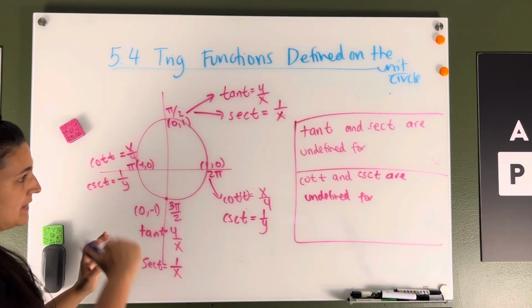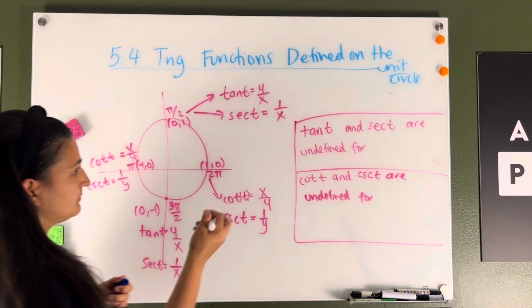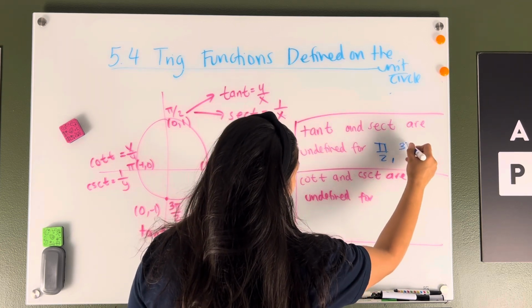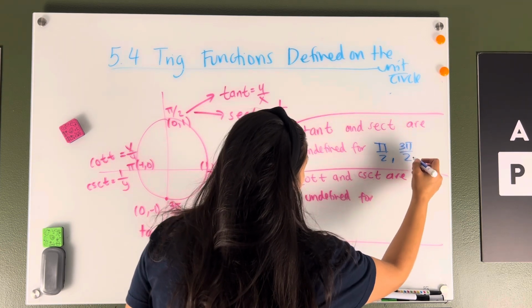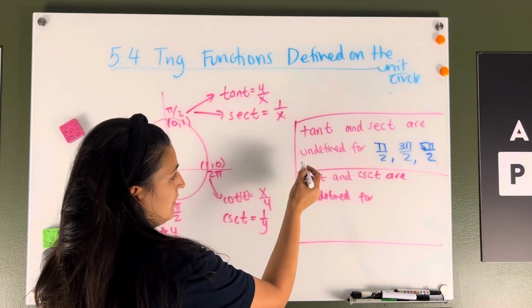And because this can happen for as many revolutions as possible, this will always happen for tangent and secant at pi over 2, 3 pi over 2, 5 pi over 2, etc. So as you can see, it's all the odd numbers.